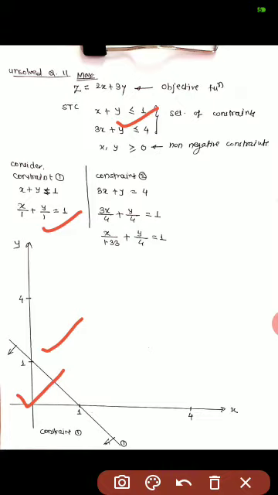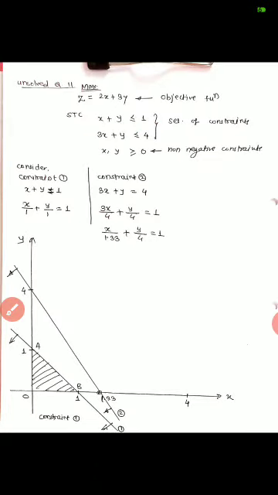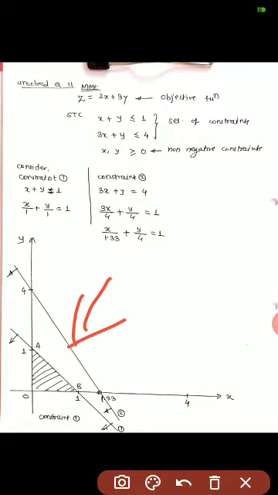So similarly we are going to draw the line for constraint 2. See here, this is the line for constraint 2, but again we have to consider the lower portion of this particular line, as they have given the less than or equal to inequality. So for that reason we are going to consider the downward portion.